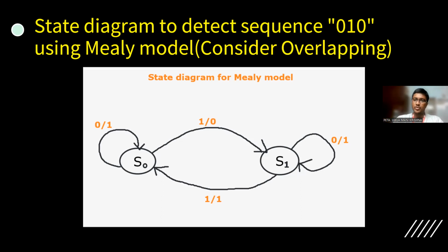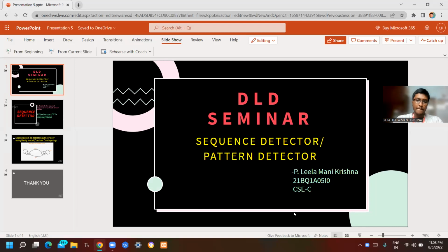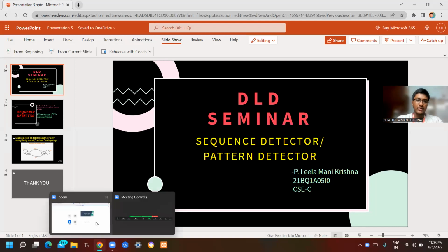Arrow marks represent the change of state, and the circles represent the states. And from S1, if I give the input as 0, it will point to the same state S1 and the output will be 1. And from S1, if I give the input 1, the output will be 1 and it will point to the previous state S0. So now I'll explain you briefly.